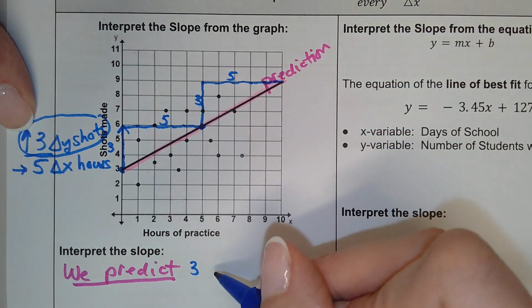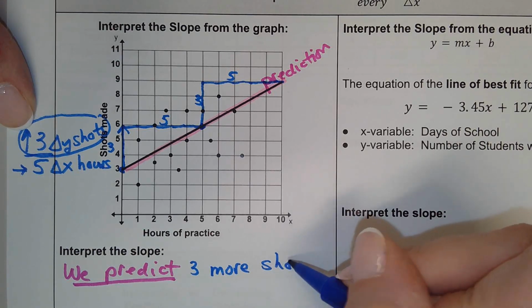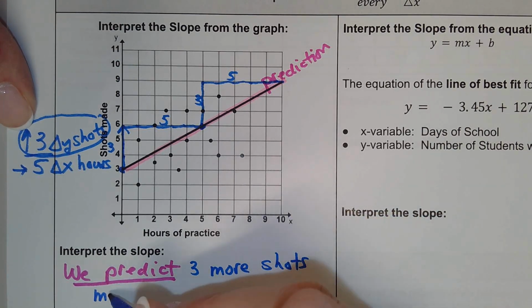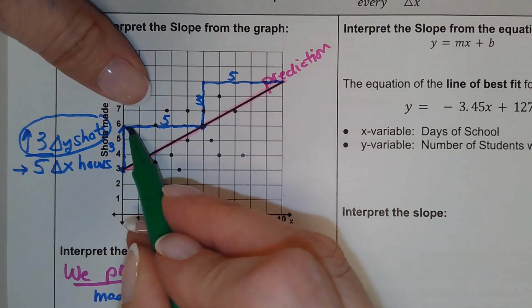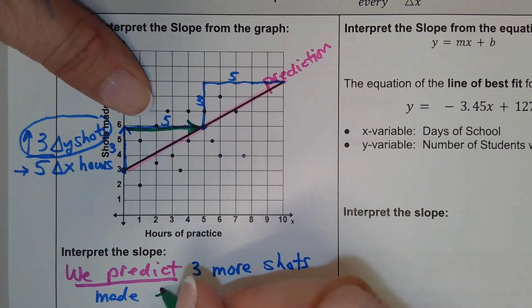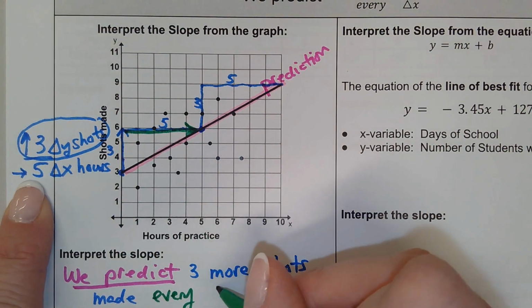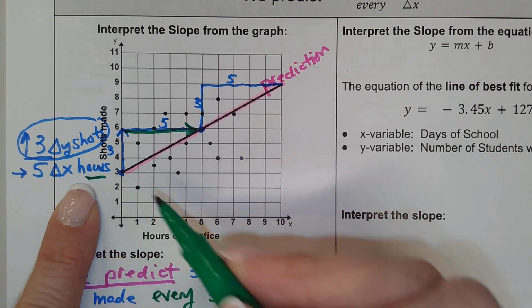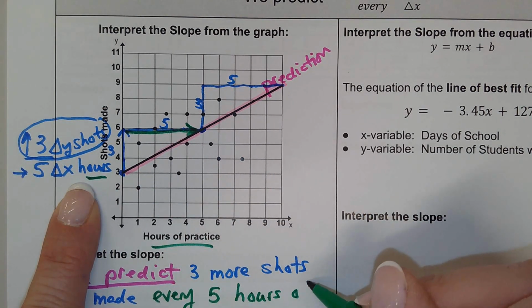It's definitely 3 more shots made. And then this is the delta x. Every 5, and then I have to use these words, hours of practice.